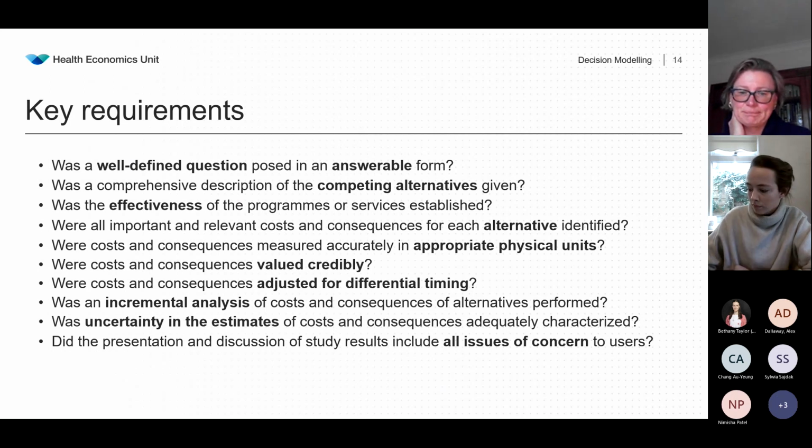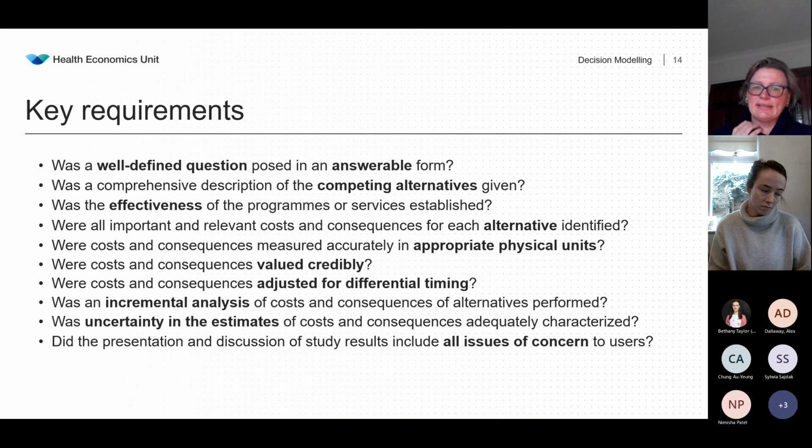This is from Drummond, and it's a 10-question guide which is applicable to any cost effectiveness or cost utility analysis that's done as part of primary research and that we wish to use for modeling. I will break this down into three main components and touch upon those in a bit more detail.